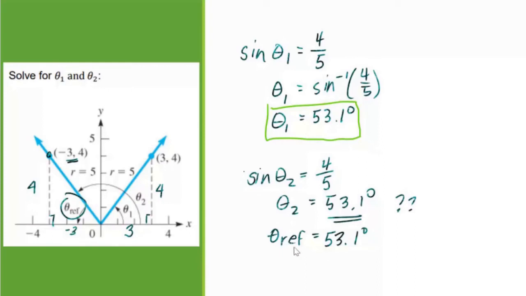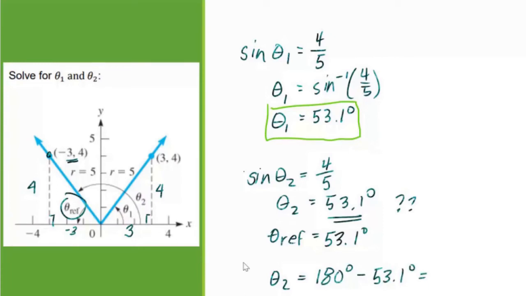I need to recognize that my reference angle will help me to find the actual angle in this way. Theta 2 is 53.1 degrees short of 180 degrees. So we find it by taking 180 degrees and subtracting 53.1 degrees.